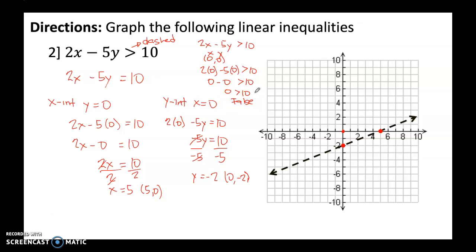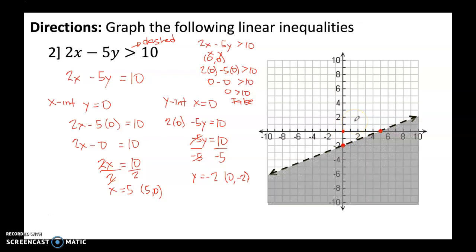Therefore, we draw the half plane on the other side of the plane, not including our test point (0, 0). So that will be the graph of the linear inequality 2x minus 5y is greater than 10.